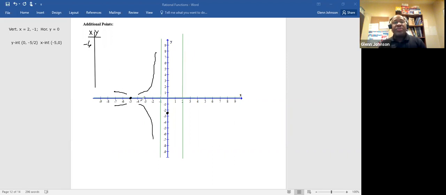And then we'll also need to choose a value that's between -5 and -1. So here, let's say we choose -3. That'll give us an idea of what's happening there.